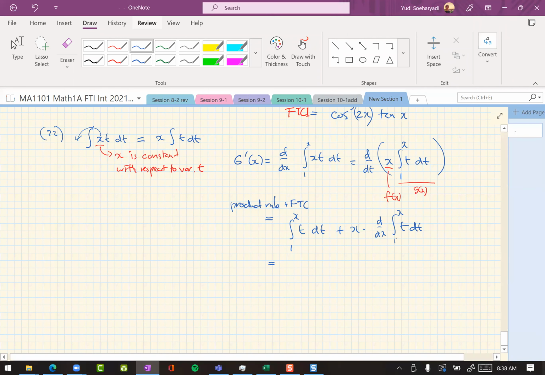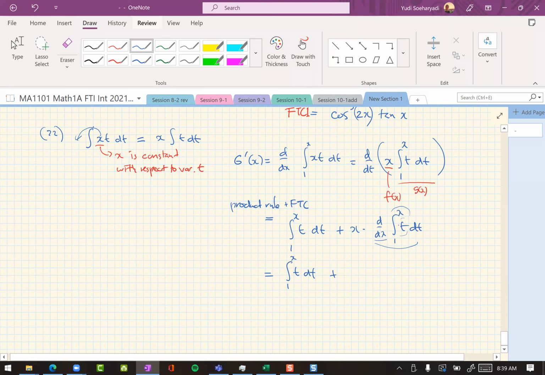So this one gives you, let me just rewrite this. Without FTC2, we haven't computed this one. Right, so let's compute this one. x times this integral, the derivative cancels the integral.